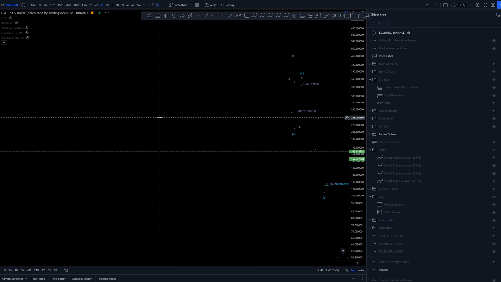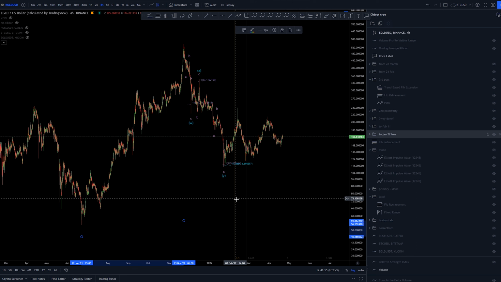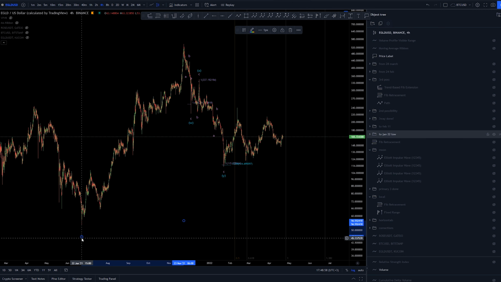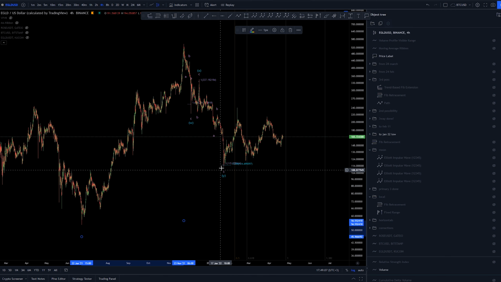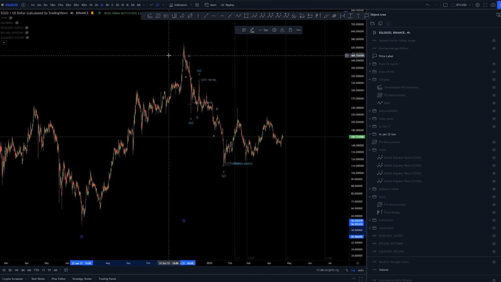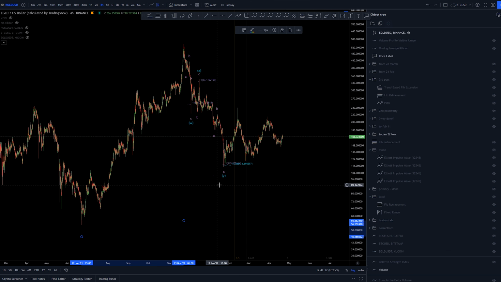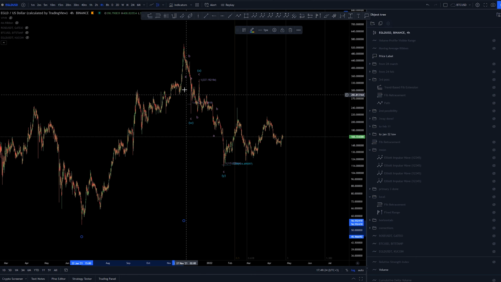Now, could this be the end of this whole correction? The first measure here is for time, pulled from June 2021 to the all-time highs of November 2021, and this correction does not even come to the halfway point or 50% of this move's time. So it would be really unlikely that this is actually the bottom of the correction, even if it was just correcting this move.